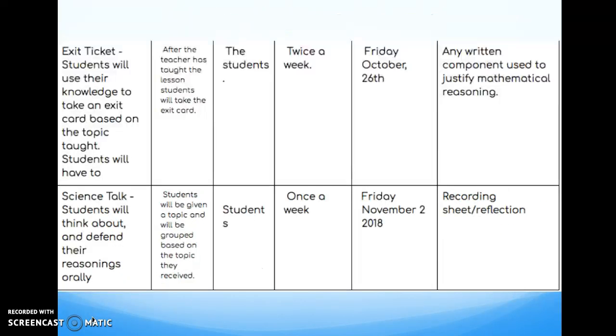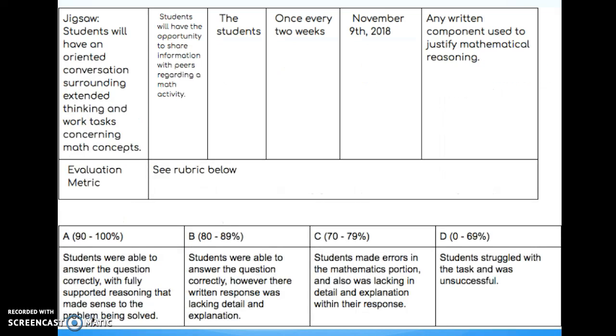The next one was an exit ticket, which is what I suggested to my group. That would be done twice a week. The next one was a science talk, which we turned into a math talk. And then the last one was a jigsaw, which was an activity that I also presented data on to my group.